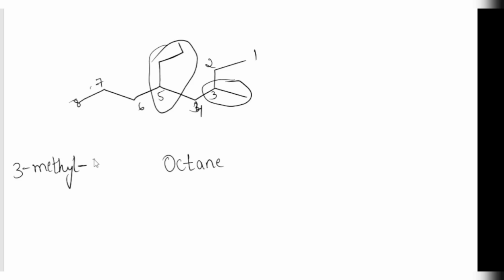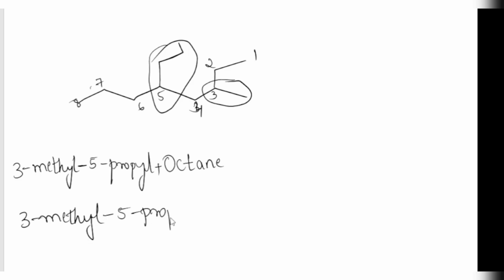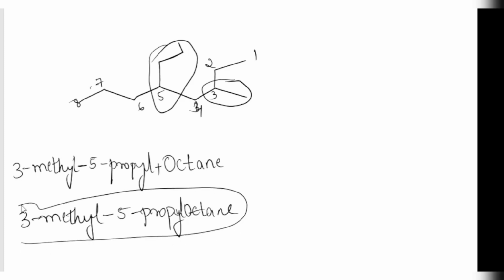In the fifth position I have a propyl group, propyl octane. And what is this name? We can write it as 3-methyl-5-propyloctane. This is the IUPAC name for this particular compound.